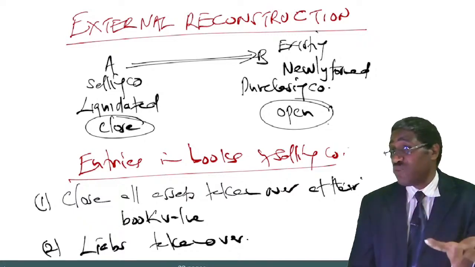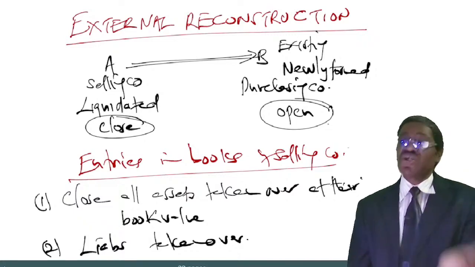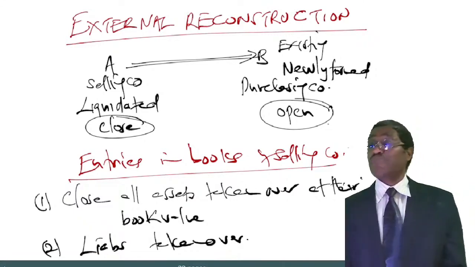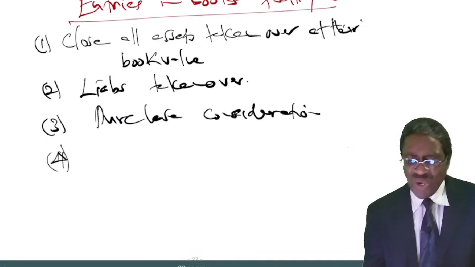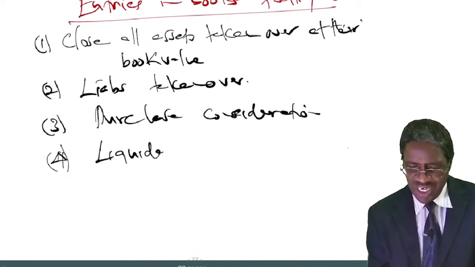Maybe you have to spend 2 million to liquidate yourself so that you can sell your business to company B.